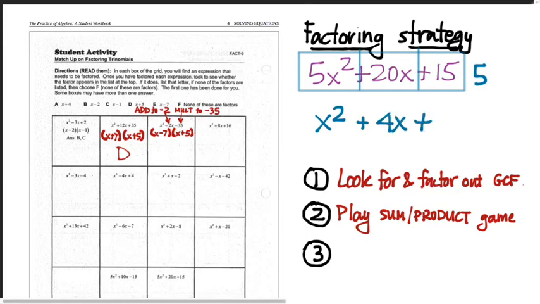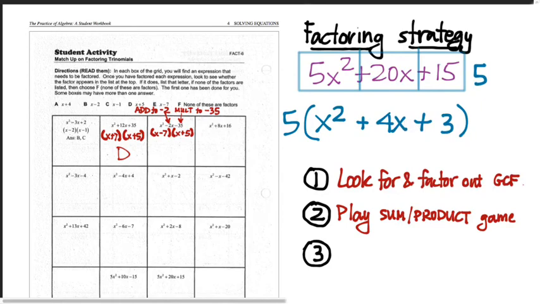And if I factor a 5 out of the 15, I get a 3. Right. So after my first step of just looking for and bringing out the greatest common factor, I've now turned my original problem into one that's a little bit more tractable. Now, if I'm going to play the sum and the product game, I'm going to play it not on the original polynomial, but now on the simpler one, x squared plus 4x plus 3.